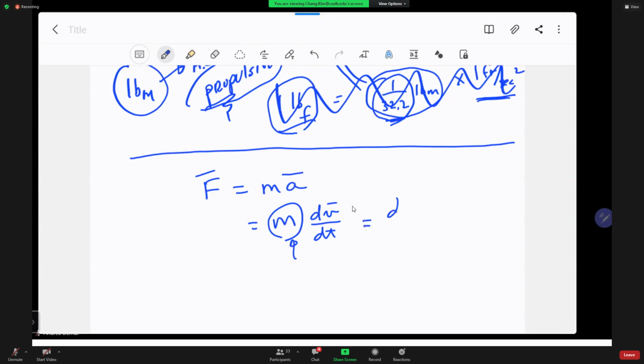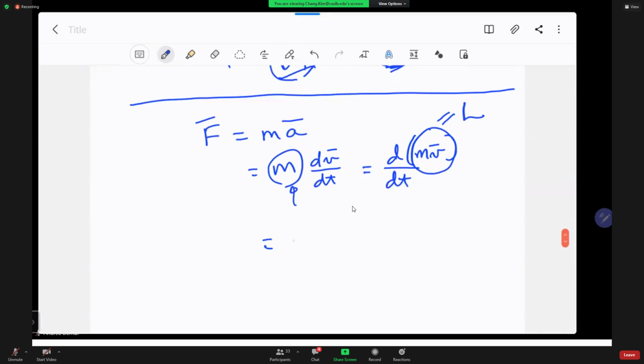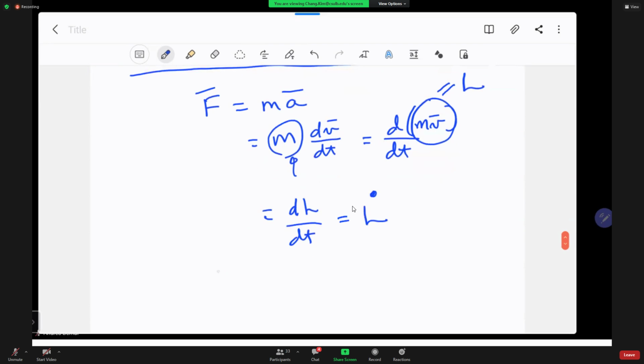Therefore, I can put this inside a derivative and let it equal the symbol L. So dL/dt is L dot, so force is equal to L dot. Of course, this is in vector form, where L is mv.